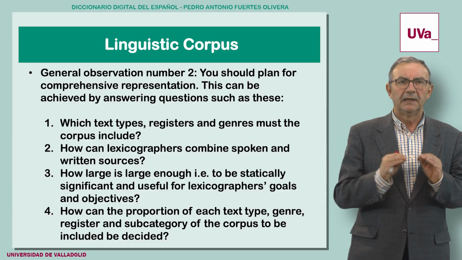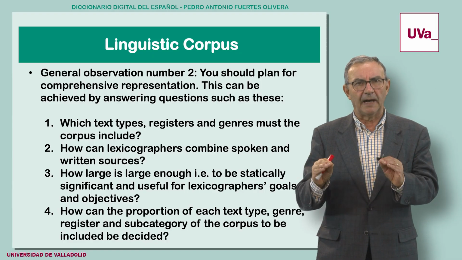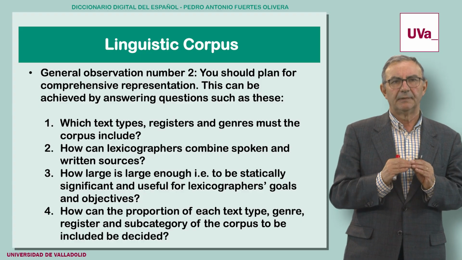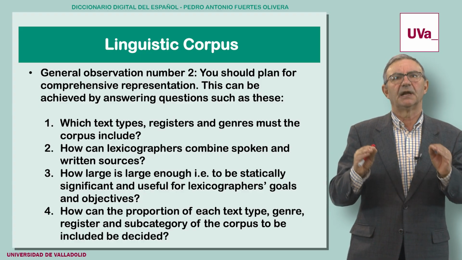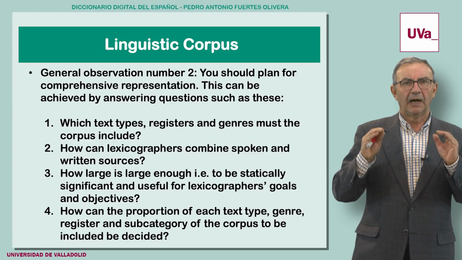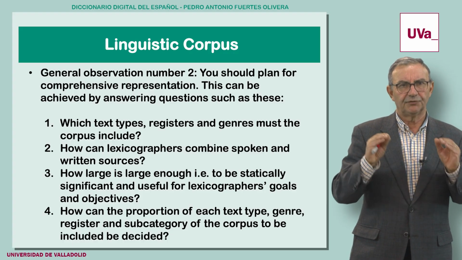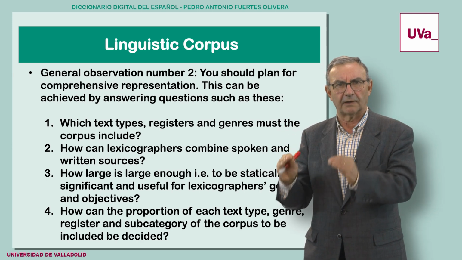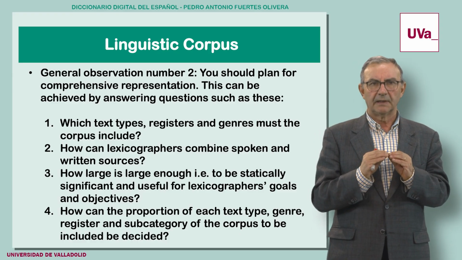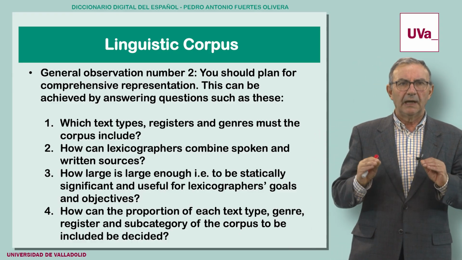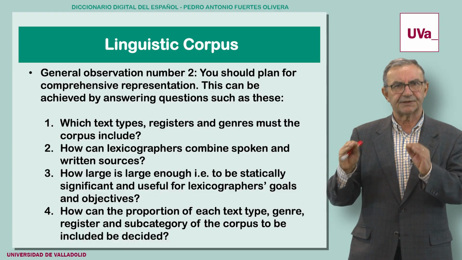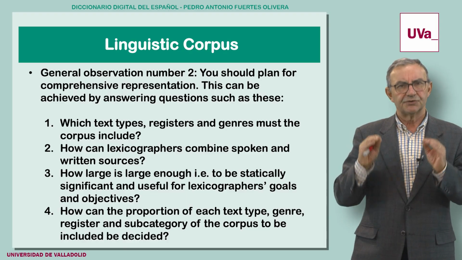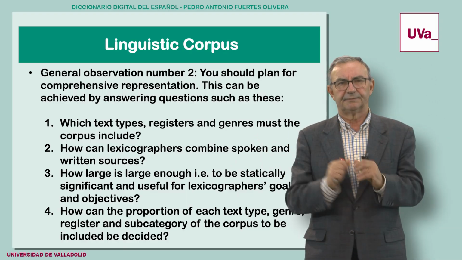B. How can lexicographers combine spoken and written sources? C. How large is large enough? In other words, how large must it be to be statistically significant and useful for lexicographers' goals and objectives? D. How should the proportion of each text type, genre, register, and subcategory of the corpus be decided?